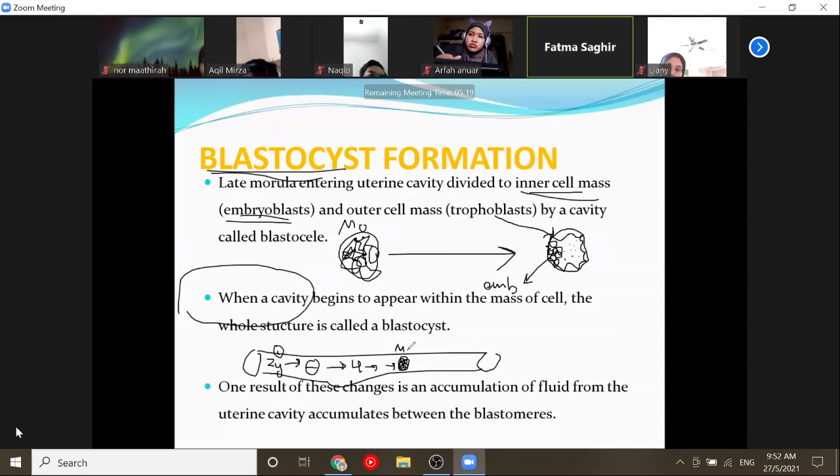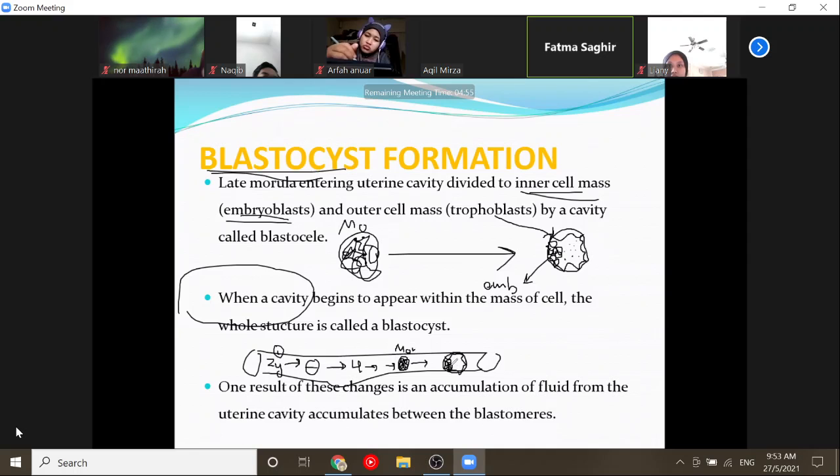We are still at the fallopian tube. Morula will be differentiated into blastocyst, which looks like this. We have the outer cell layer, which we call trophoblast. Then we have one group of cells in one place, which we call inner cell mass or embryoblast. This is what we call blastocyst.